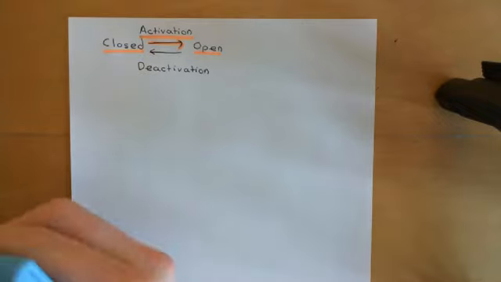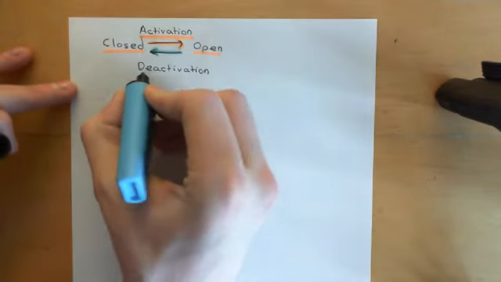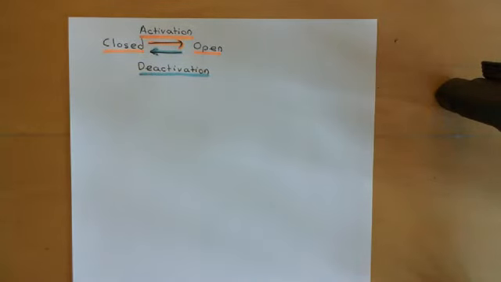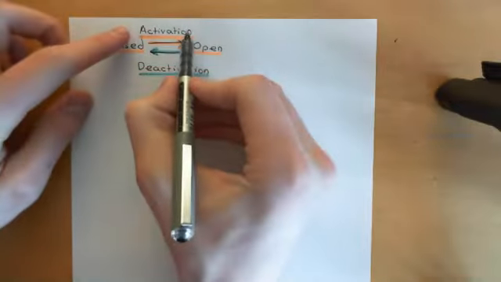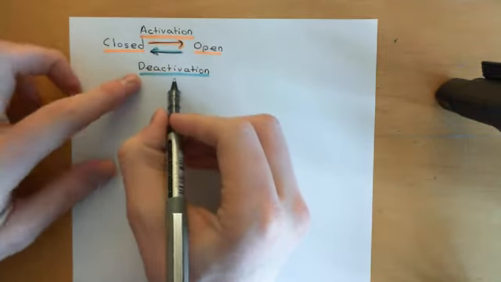Okay, so repolarizing the electrical potential difference across the cell membrane will cause the V-gate then to reclose, and that process of taking the channel from the open state to the closed state once more is called deactivation. Okay, so depolarization causes activation, repolarization causes deactivation.